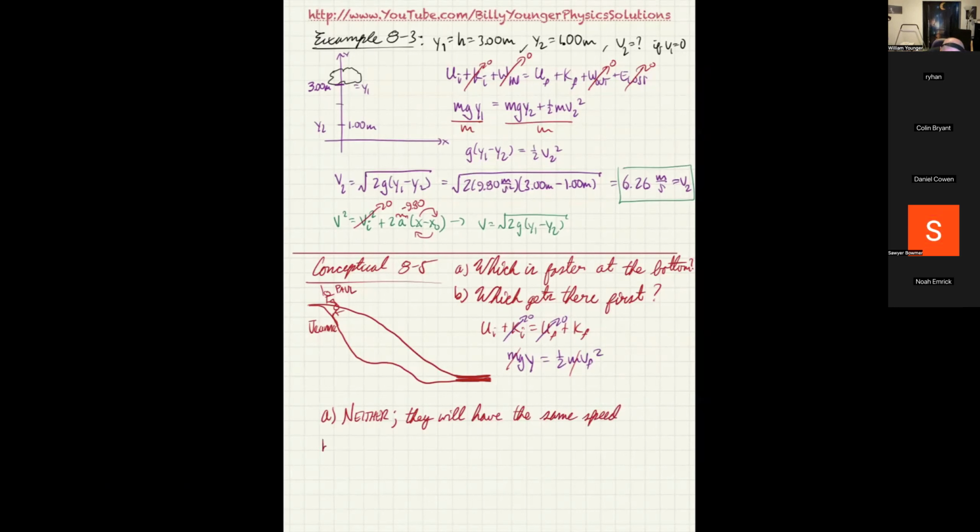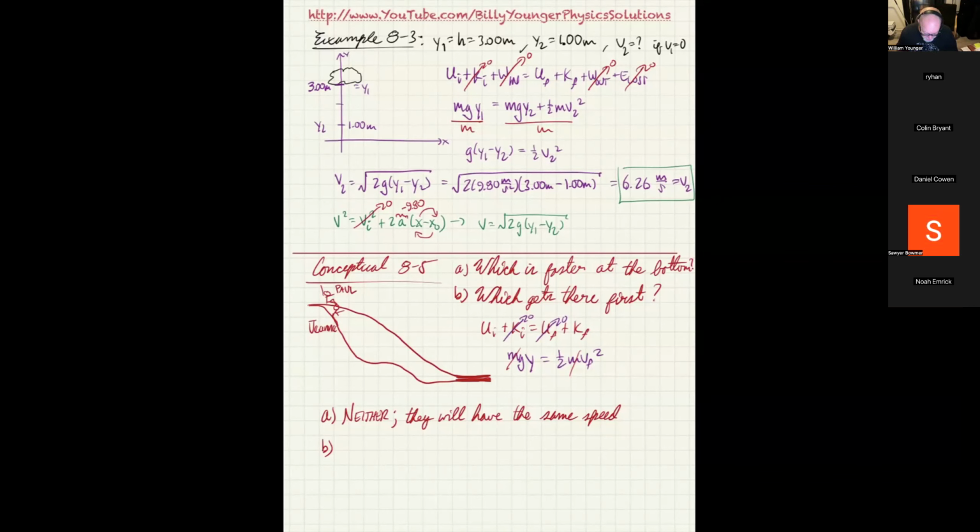Okay. And then for part B, they want to know which one gets there first. Well, notice that the way Jeannie's path is, she immediately starts falling downward. So what's happened is she's lost some potential energy way before Paul lost his potential energy. Well, it's a zero sum game. So if you lose potential energy, that means your kinetic energy goes up by the exact same amount.